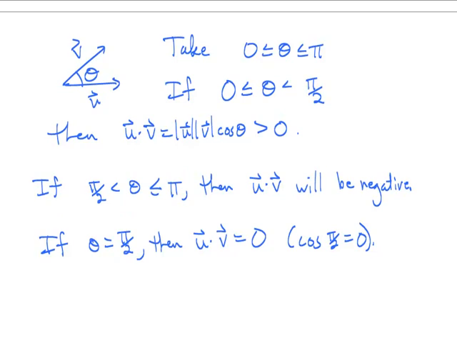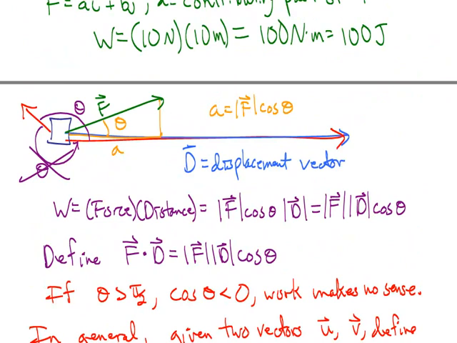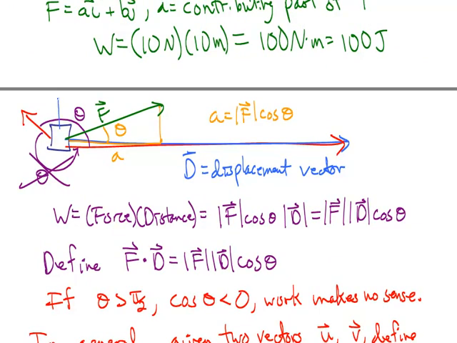I mean, if we go back to our work example, if I were to pull straight up on this, well, I'm not going in the direction I want to go, but I'm not going in the opposite direction. I'm essentially doing nothing, advancing the cause of moving this object the way I want to go. So we say the work done would be 0. So it kind of makes sense in the work definition.